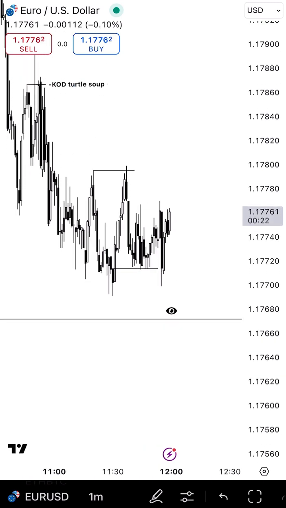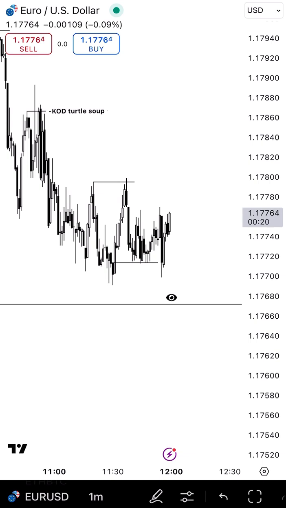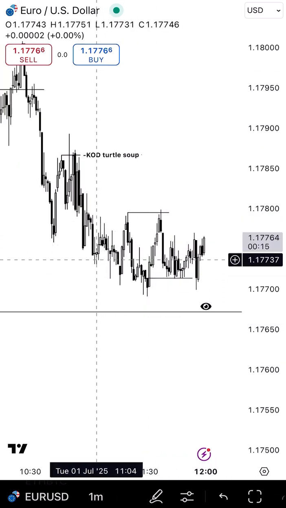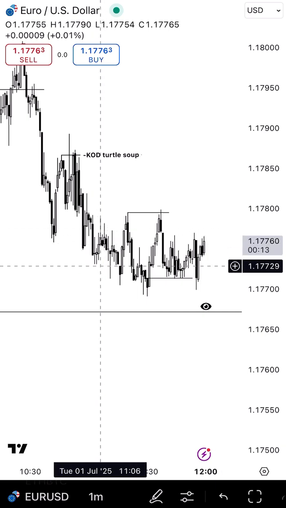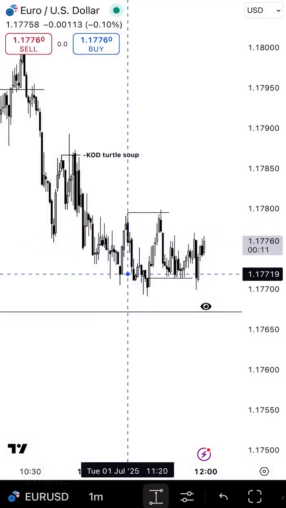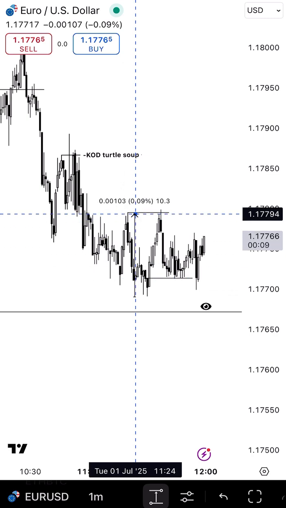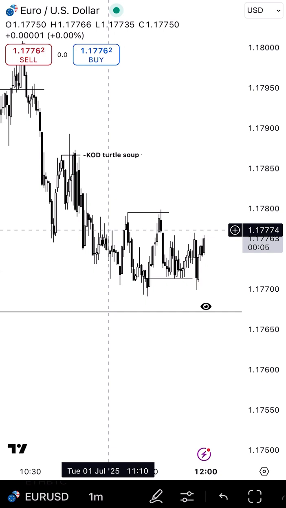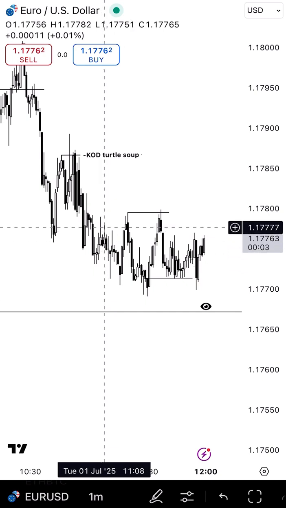And there you go. Just noise and grinding. Just a grinding 10 pip range, up and down, and people looking for a trending move. Never look for a trending move in a ranging market, because that's the fastest way to go insane.